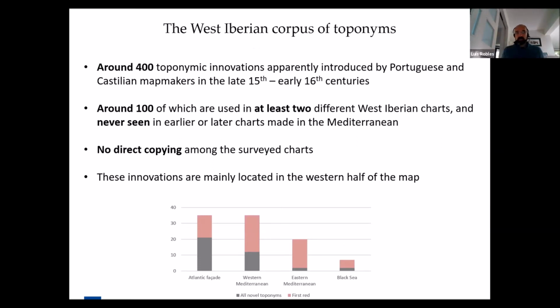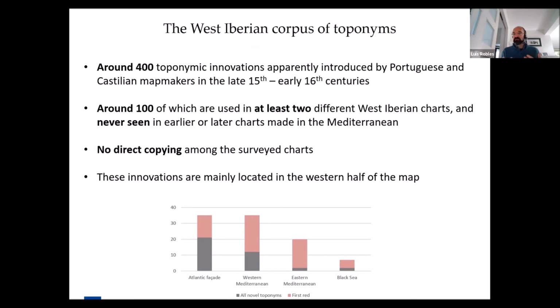When I look at all these charts I analyzed, I found a total of 400 toponymic innovations, I would say apparently introduced by map makers in Portugal or in Castile at the turn of the 16th century. So a toponymic innovation sometimes may be shaky, especially when it's a novel toponym, because sometimes you may think it's a slip of the pen, it's a corruption.